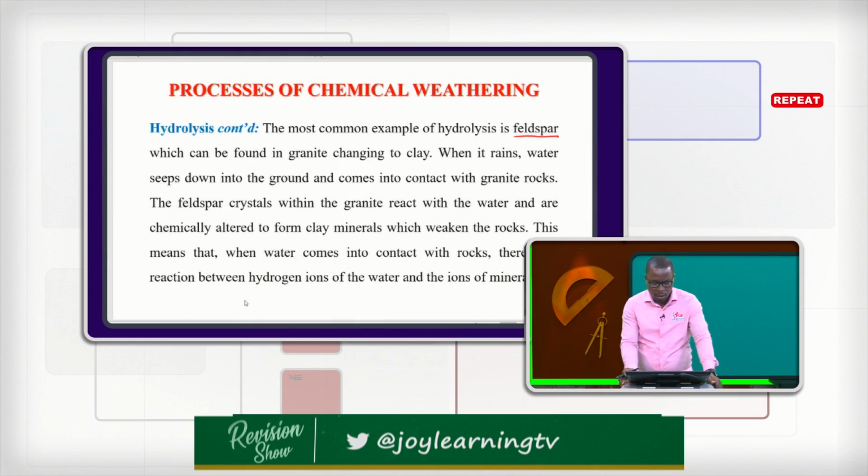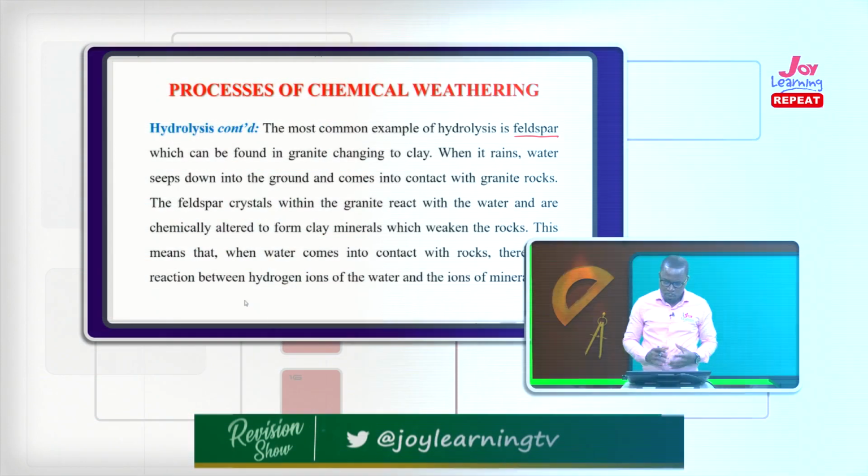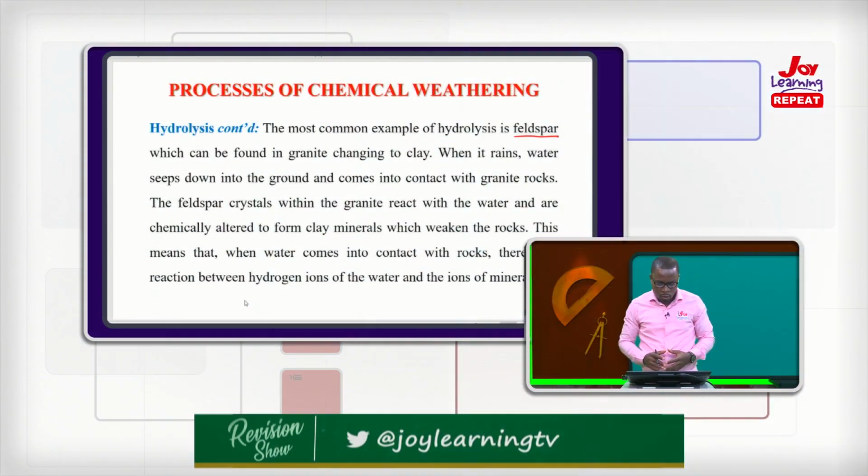So feldspar is a common example of hydrolysis, which can be found in granite. And you know, granite is a very hard rock, changing to clay. So what we are saying is that when hydrolysis takes place, this feldspar, which is a mineral found in granite, will change to clay.